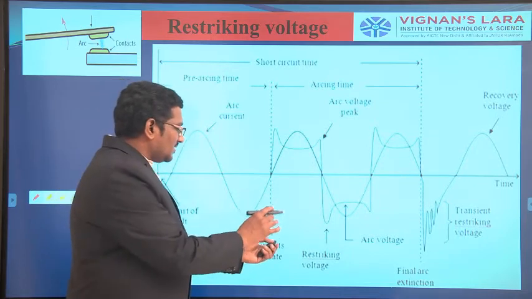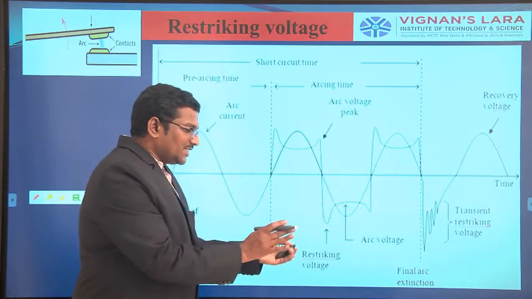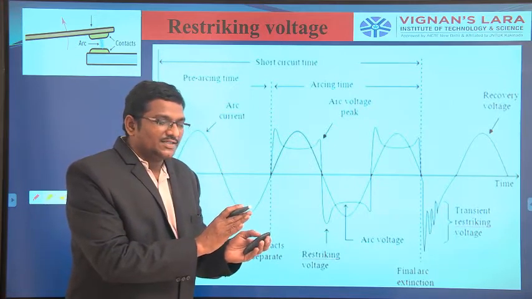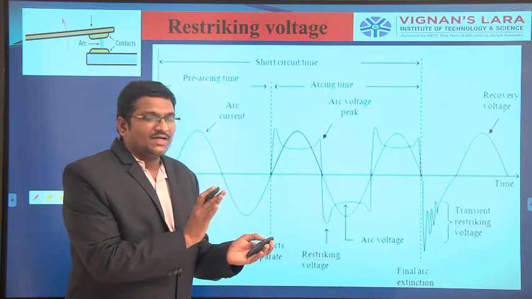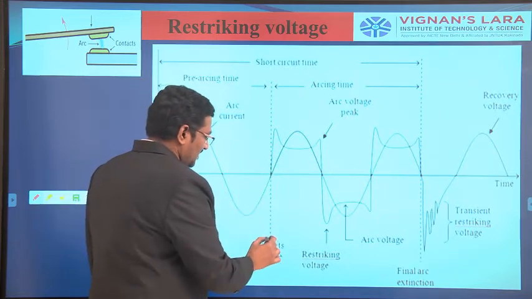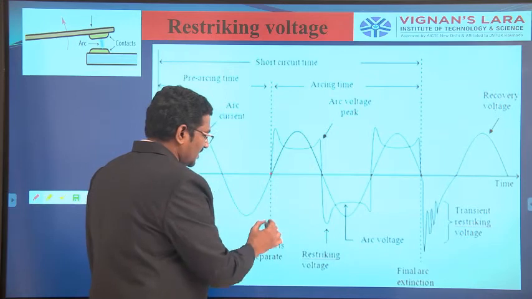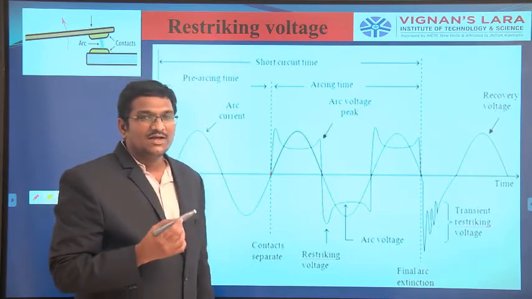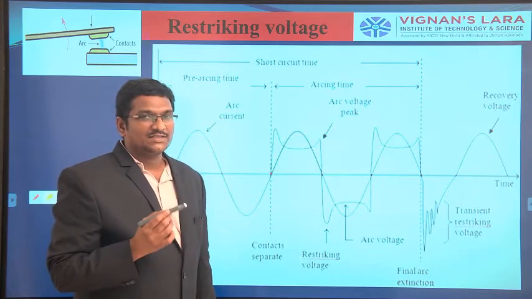When the circuit breaker contacts separate, the arc is struck between the fixed contact and the moving contact. This is called arc separation, or contact separation, of the circuit breaker's fixed contact and moving contact.